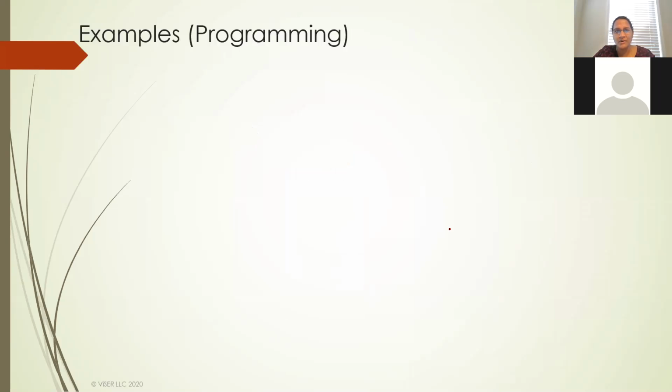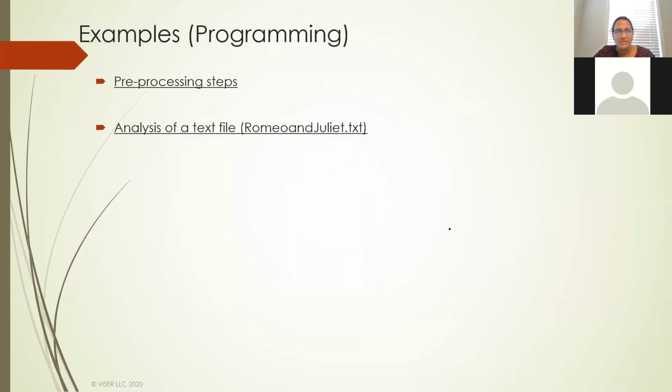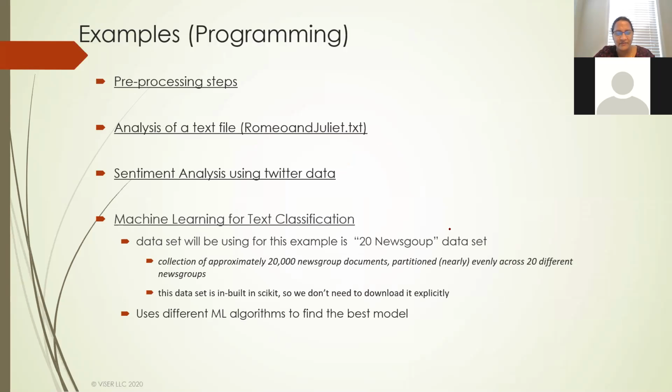So pre-processing steps we have done, and analysis of a text file we have done. Twitter data I'll take, I'll see if we have time. Now I wanted to do text classification. I will show this example to you. If you don't understand it, don't worry.